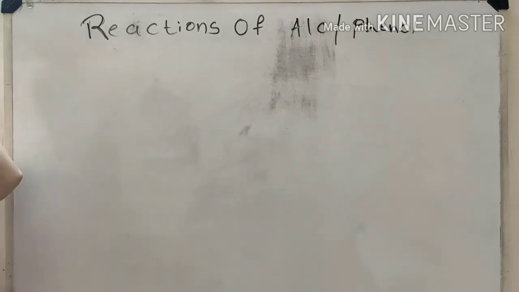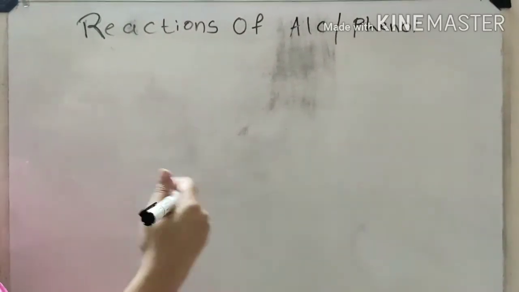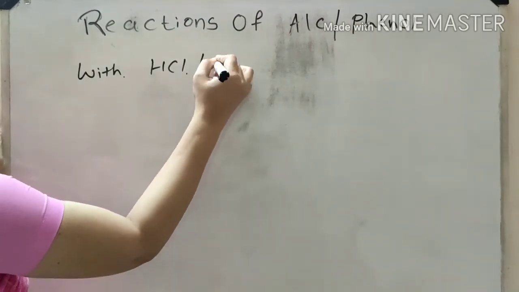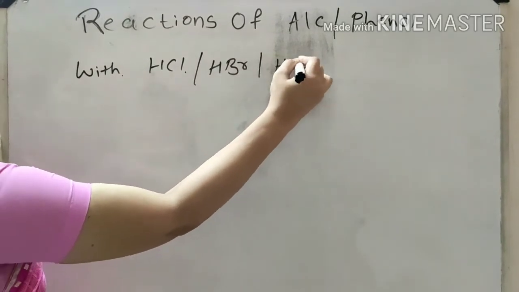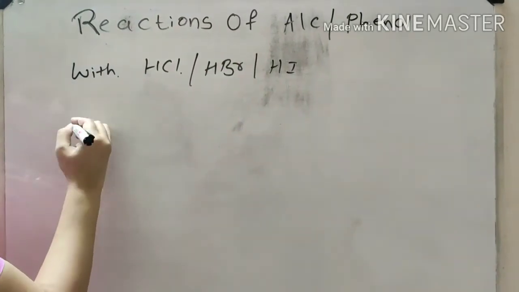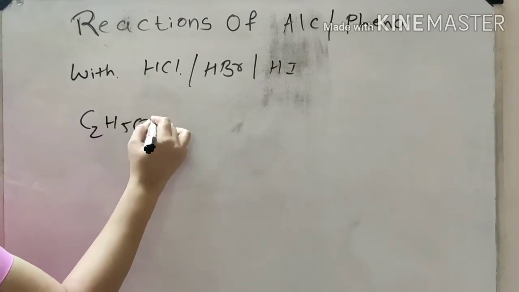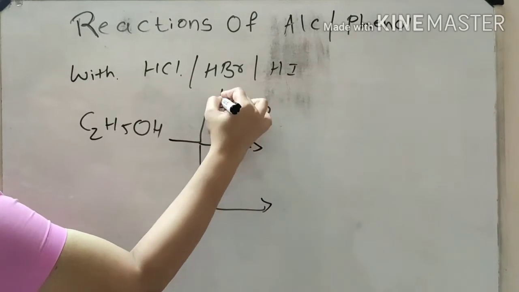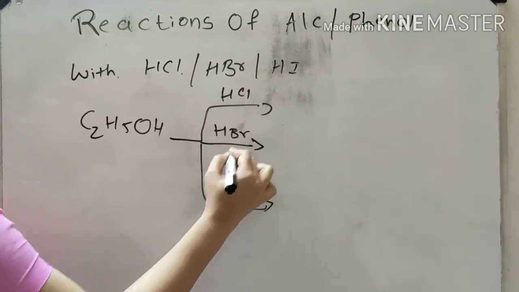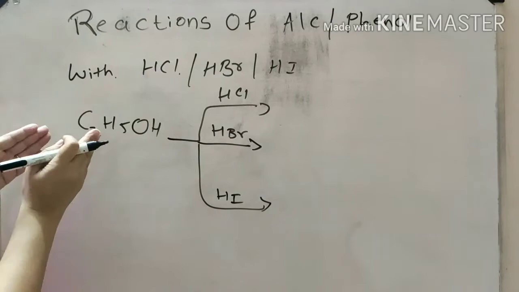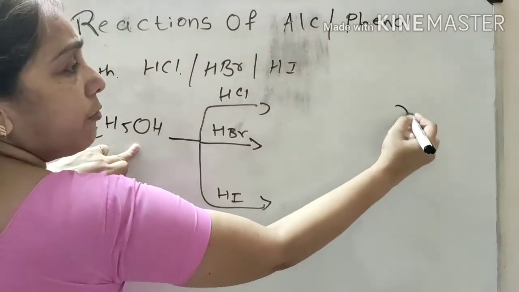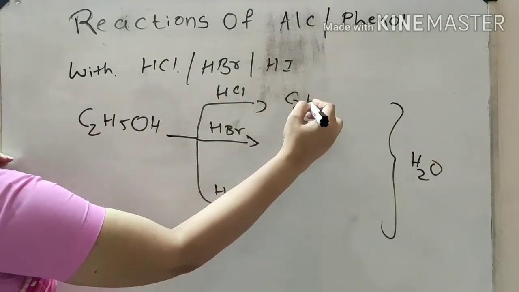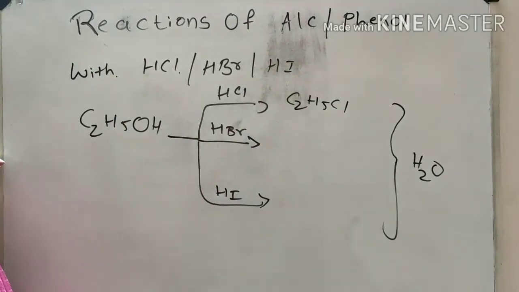Now the next one, reaction of the alcohol with either HCl, HBr or HI. This also we had done in the first chapter. Suppose I take C2H5OH and it reacts with either HCl, HBr or HI, then there is the removal of the water molecule, common in all the 3 reactions, and the main product is C2H5Cl, ethyl chloride.